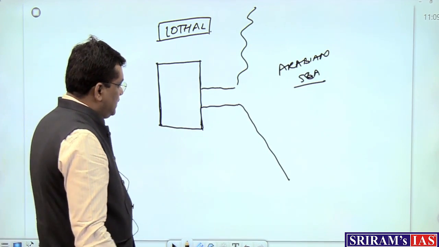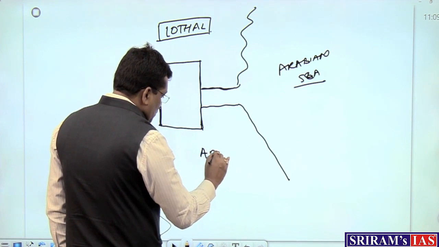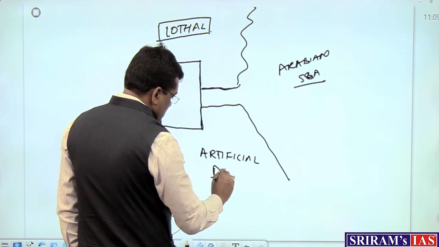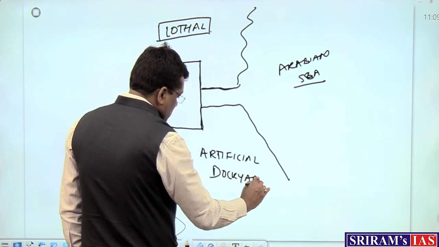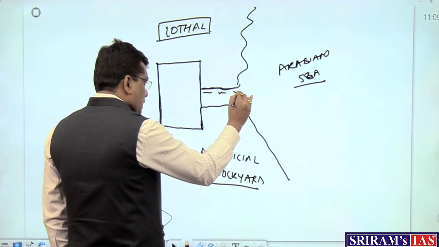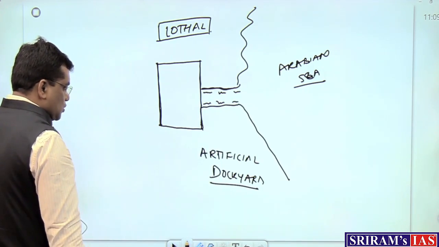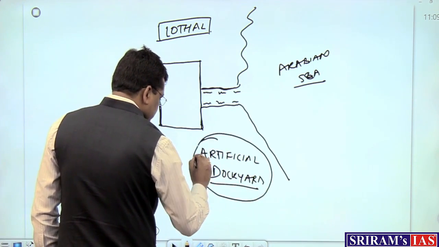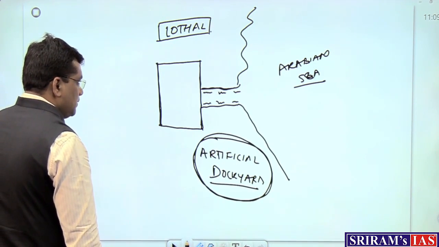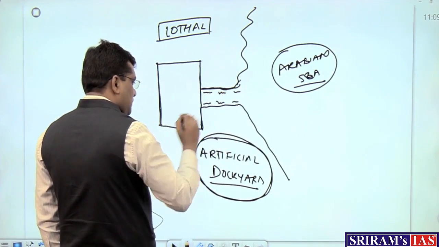And here there is an artificial dockyard. This is something very unique, the largest man-made structure, an artificial dockyard, where ships were docked, loading and unloading were done, and goods were transported to Mesopotamia or other places.